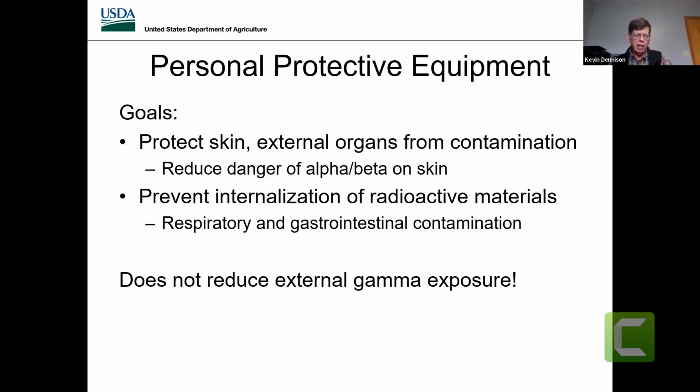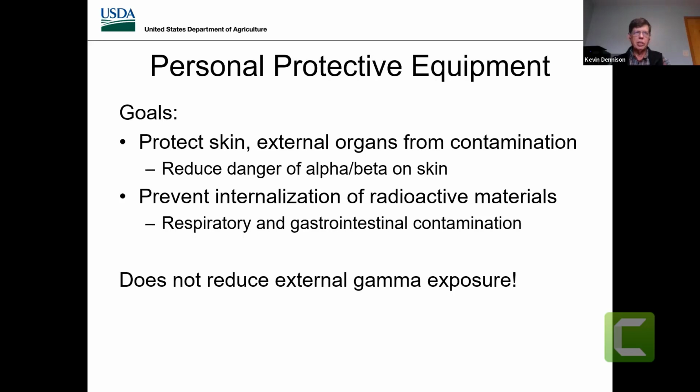So if you're way out in the control zone collecting milk or soil samples, just wear whatever you would wear to a farm visit. If you show up with a white Marshmallow Man suit, you're going to be freaking everybody out and not really doing anything but causing yourself a lot of discomfort.